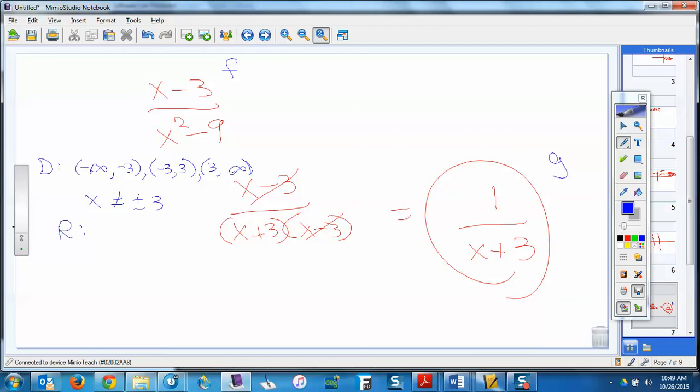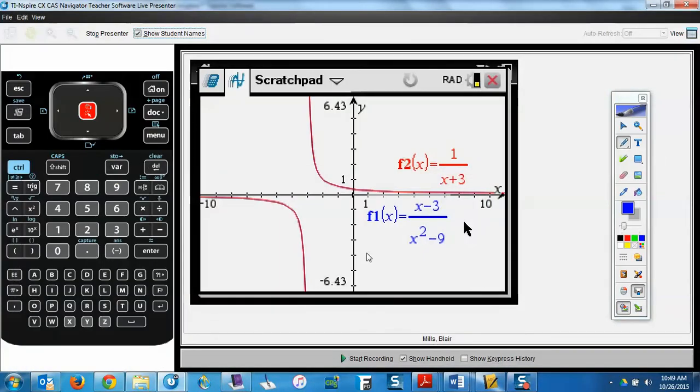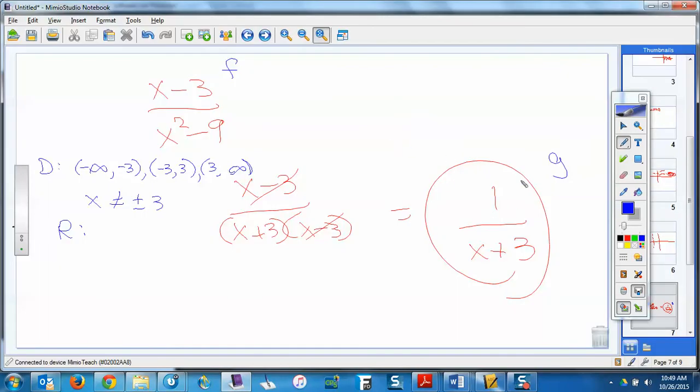What about the range? Now, here we've got the calculator to help us. Don't think so. x is not 0. It looks like everything but a y value of 0. Now, that makes sense because if we look at this, it simplifies to this. What's the only way a fraction can be 0?